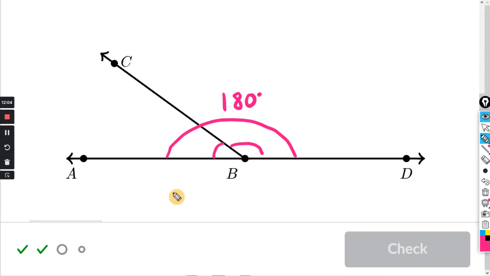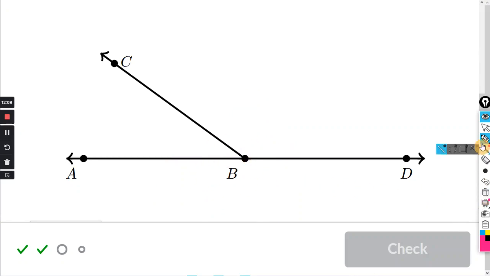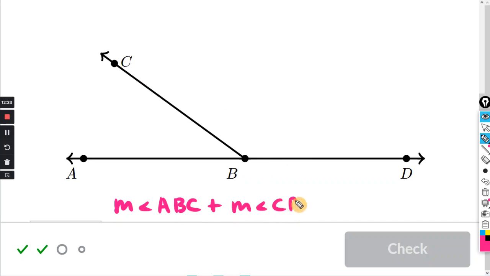And by the way, you don't necessarily have to label everything on the diagram like I did in the previous problems. You can just build your equations based on the two smaller angles adding to the big angle. So if you say measure of angle ABC and add that to this angle here, CBD, measure of angle CBD, you can set that equal to the whole thing, angle ABD.